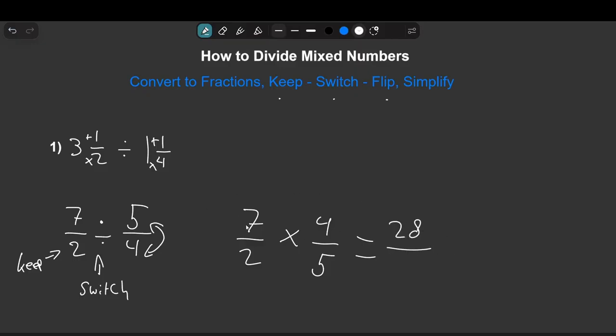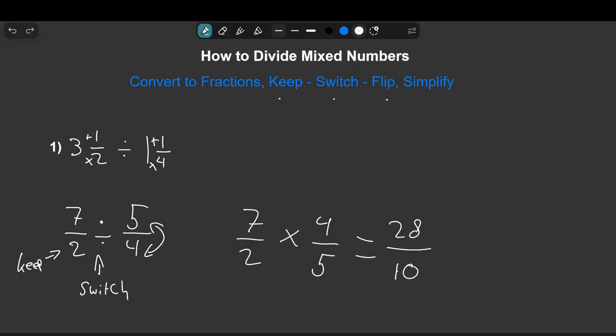So now we're done with our numerators. We have 2 times 5. 2 times 5, of course, is 10. And we have almost our final answer. We have 28/10. Now for the last step, we're gonna simplify. To simplify this, we look at how many whole groups of 10 fit into 28.